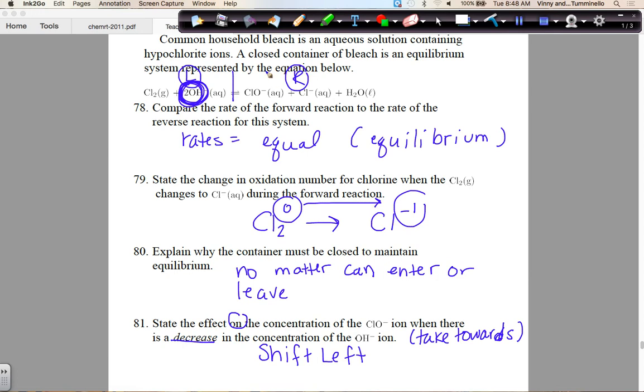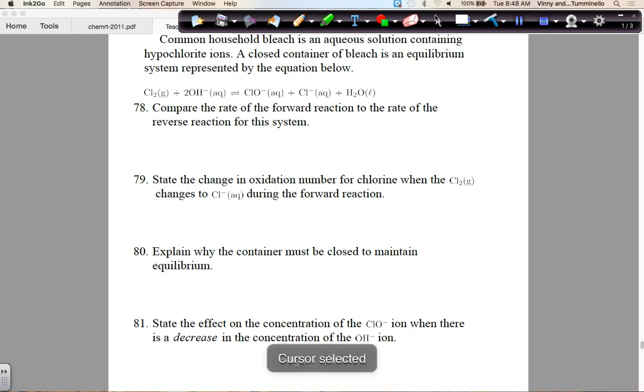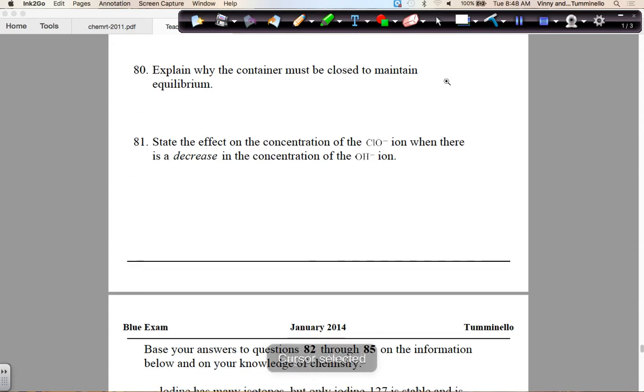Shifting to the left will reduce the amount of what we have on the right. So ClO minus concentration will decrease because we're shifting away from where that ion is present in the reaction.